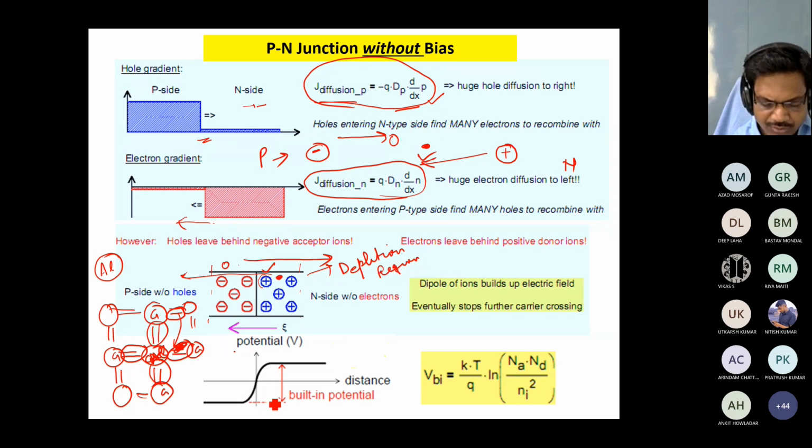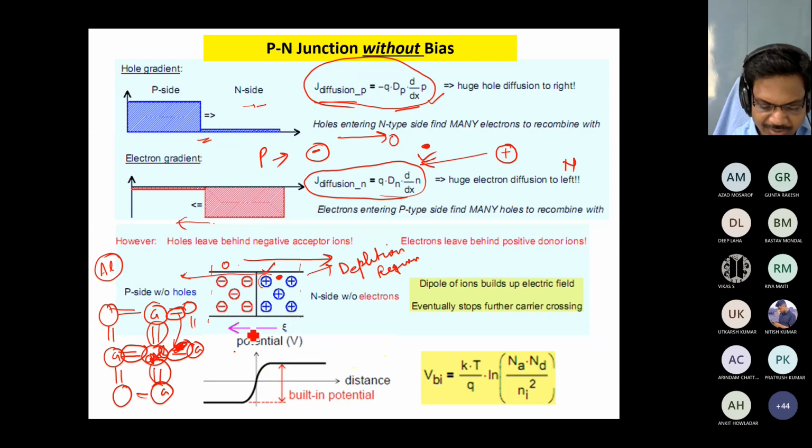Now what we can see from this diagram is that it is like a battery. On the two sides, two opposite charges are accumulated and it forms a built-in potential, directed from positive to negative.